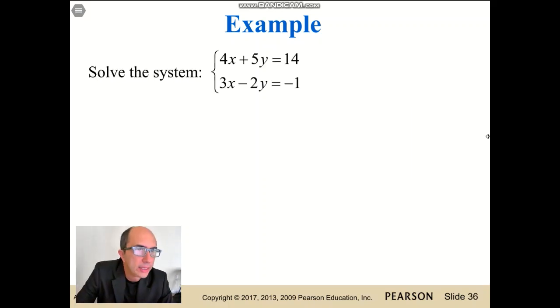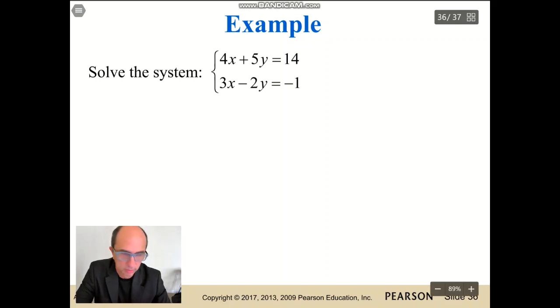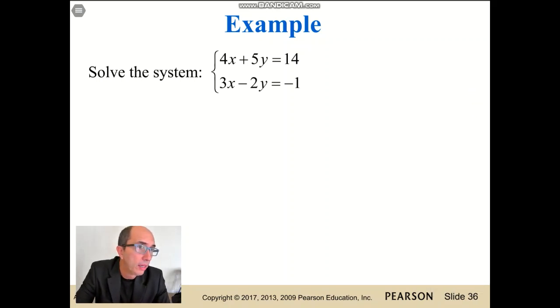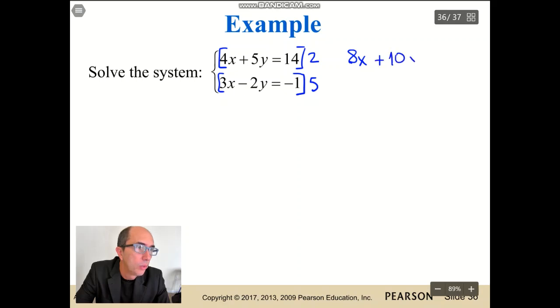Okay, let's solve this next example, and we can work using elimination as well. Let's say we're going to eliminate y. Multiply the whole first equation by 2, and the whole second equation by 5. Multiplying the first equation by 2, you're going to have 8x plus 10y equals 28.